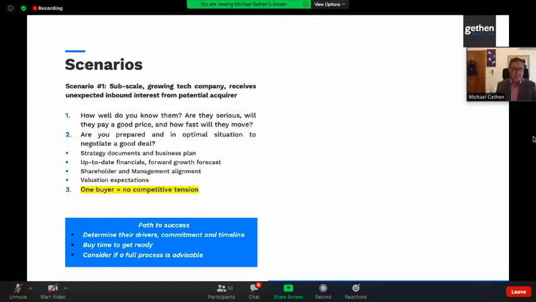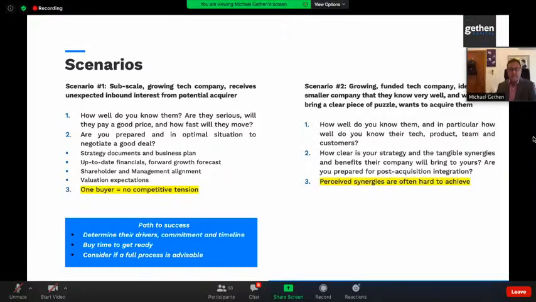If you've got somebody that's inbound, that they're keen, you're not generally going to be able to hold them off for the 3 to 6 months to implement a proper strategy. And so there's a kind of difficult situation in that. But in my view, often those types of inbound single buyer don't succeed from the point of view that you won't get anywhere near the maximum value that you might otherwise have achieved in a proper process.